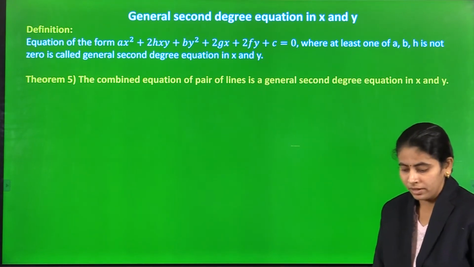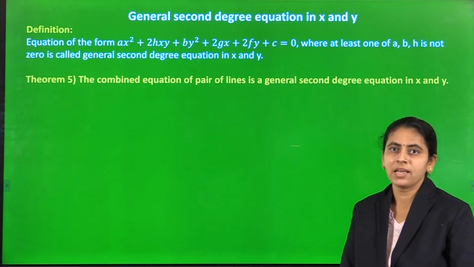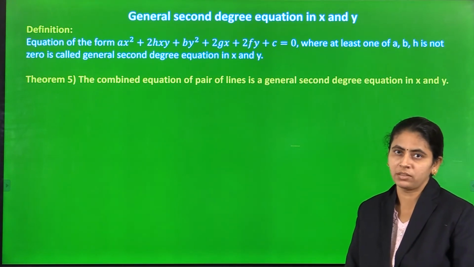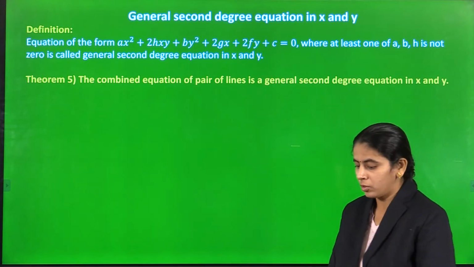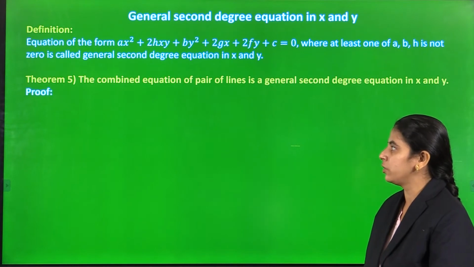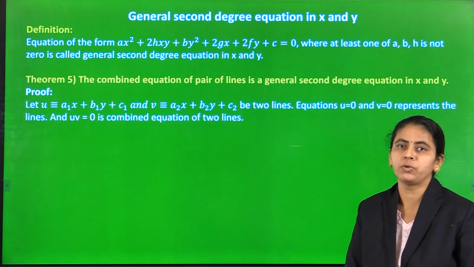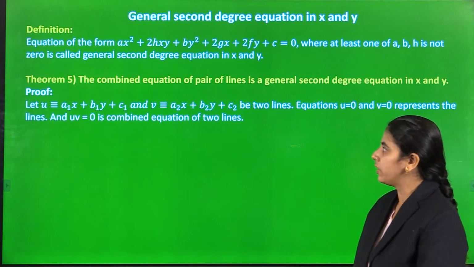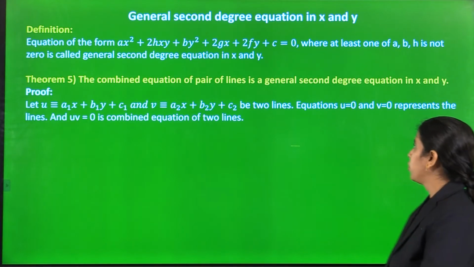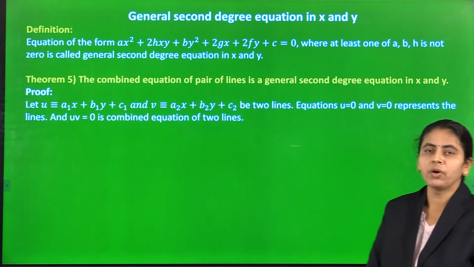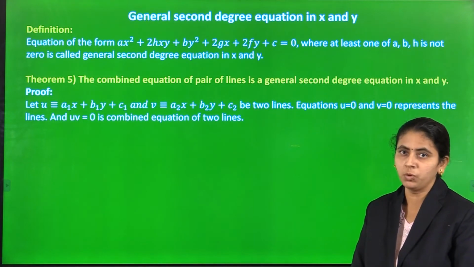You know that if u equal to 0 and v equal to 0 are two straight lines, then uv equal to 0 is nothing but the combined equation of the lines. So here in the proof, suppose u is equal to a1x plus b1y plus c1 and v equal to a2x plus b2y plus c2, then u equal to 0 and v equal to 0 are two lines, and uv equal to 0 is the combined equation of the two lines.